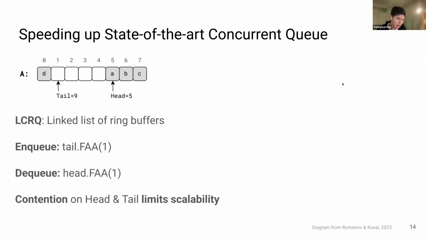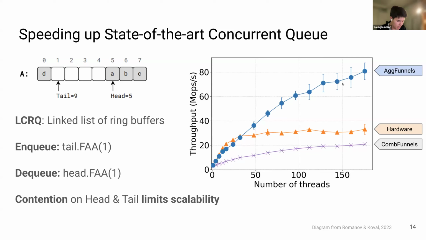It is known that this contention was the performance bottleneck of LCRQ, so we just put our fetch and add implementation inside the known implementation of LCRQ, and we saw the performance was faster by about 2.5 times compared to the hardware fetch and add.